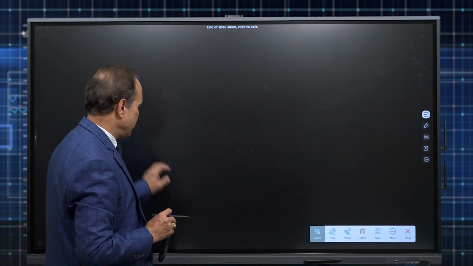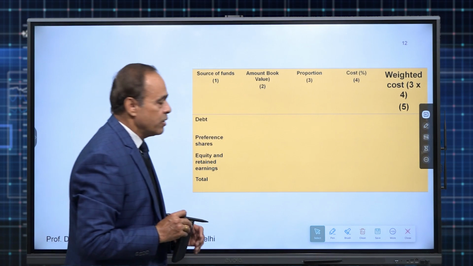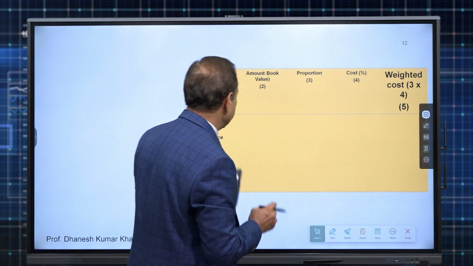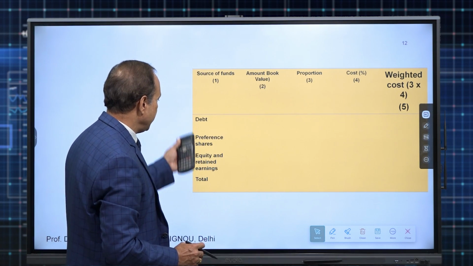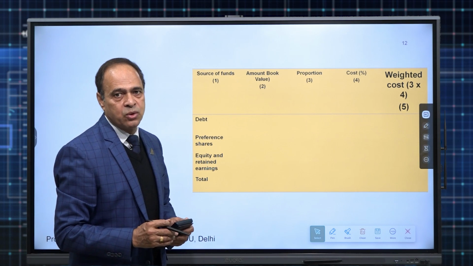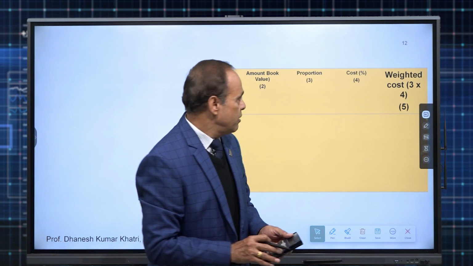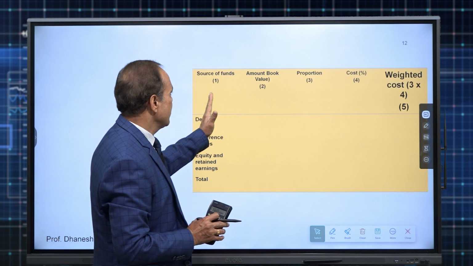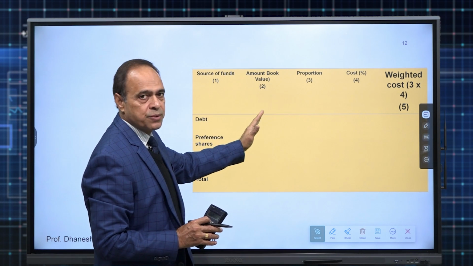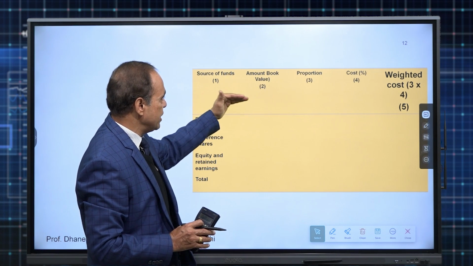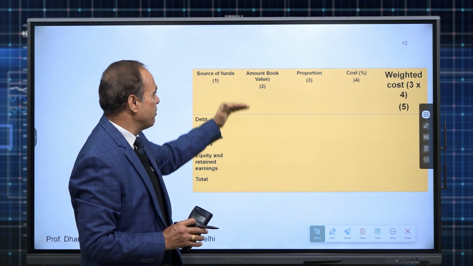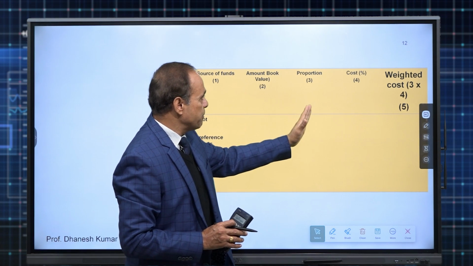So that's where we discussed the calculation of weighted average cost of capital. So this table we can create for the purpose of calculation. Always remember, the first column will be the source, the second column will be the amount. It may be book value, market value or marginal value. Then calculate the proportion.